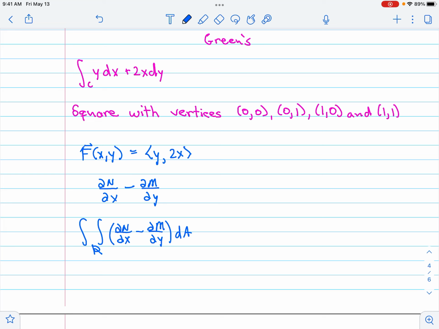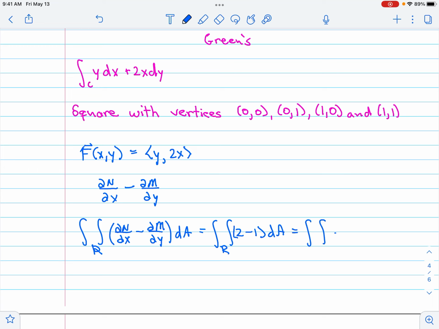So here's what we've got then. We've got this double integral, and I'm going to take the partial of N with respect to x, which is 2, minus the partial of M with respect to y, so that's 1, over this region. And of course, this turns out to be nice.